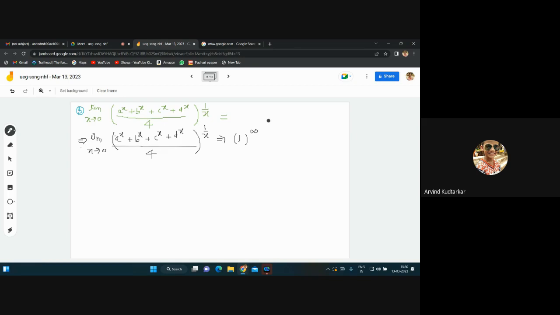You convert it to linear form, and this is possible only by applying log. So we can say this limit is nothing but L.